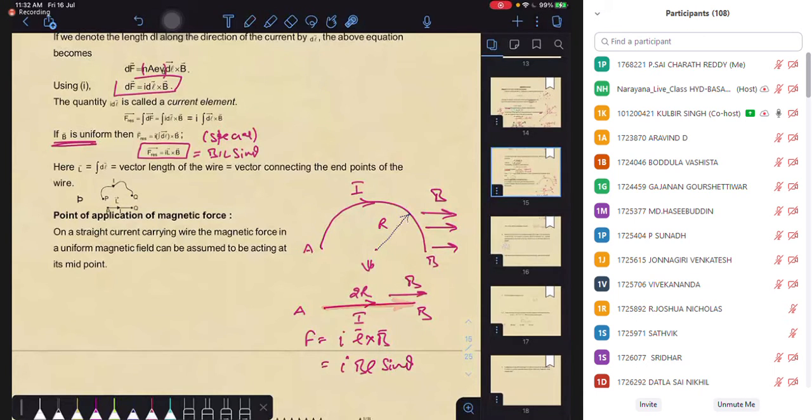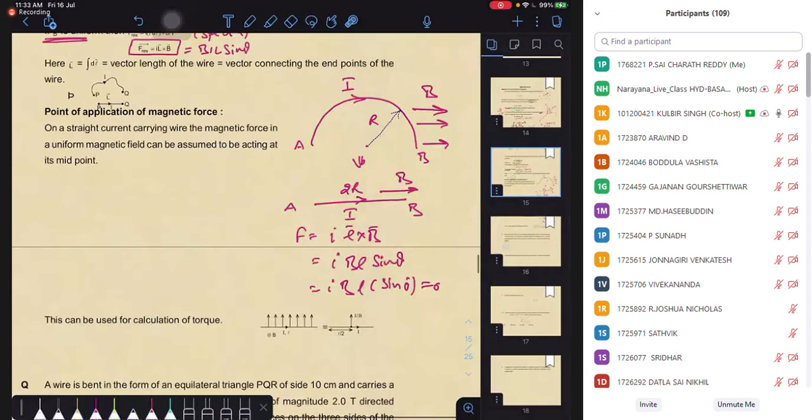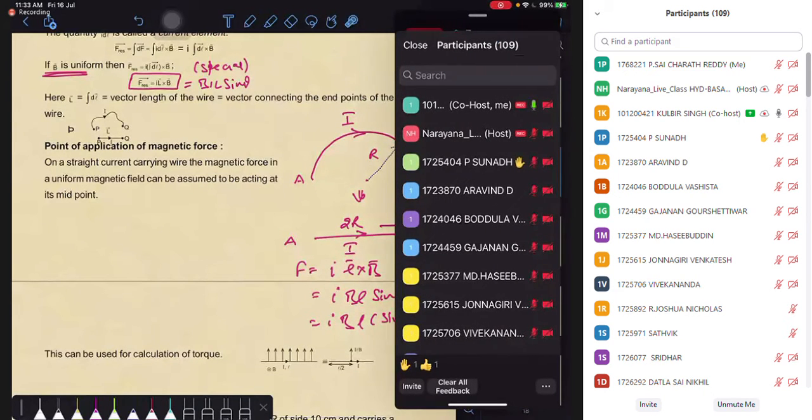L is my AB vector and the magnetic field is also along it. So the angle is basically 0 degrees, and the force is also going to be 0. Even though the wire is curved, its ends are in the direction of the magnetic field. So in this cross product, the angle is 0 and the force is 0. Most of the time, this approach is very useful. You can replace the curved wire with straight lines. Yes or no?